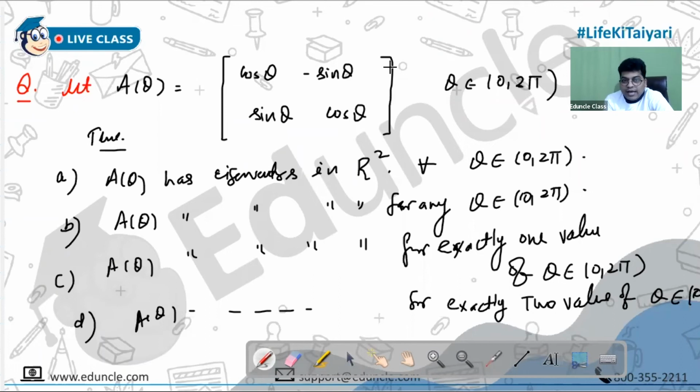Tell me. Plus or minus 1, plus or minus 1. Sure? Yes sir, A A transpose equal to I for orthogonal, isn't it? A transpose equal to I. So eigenvalue can be complex also.